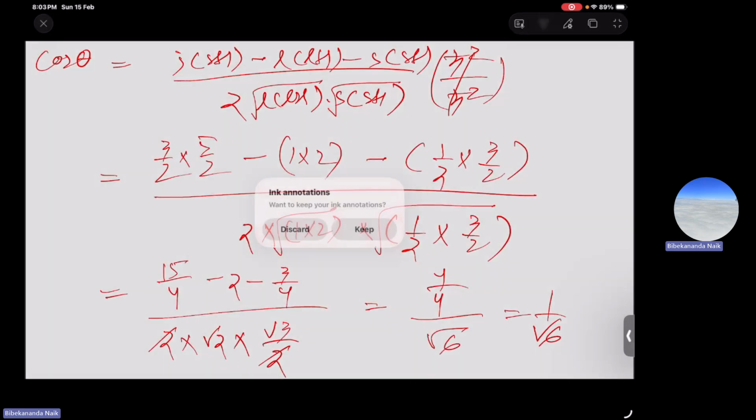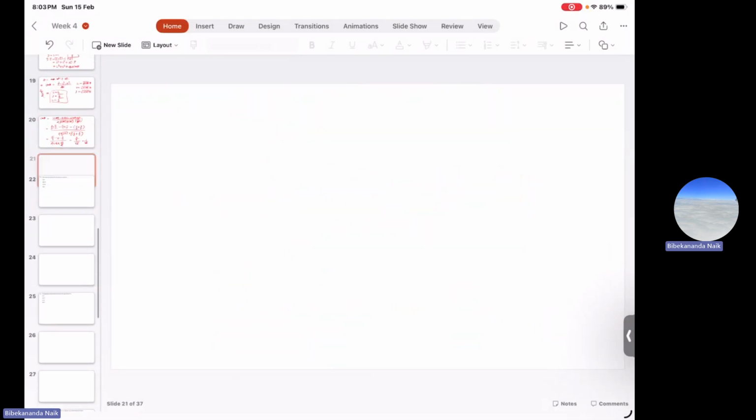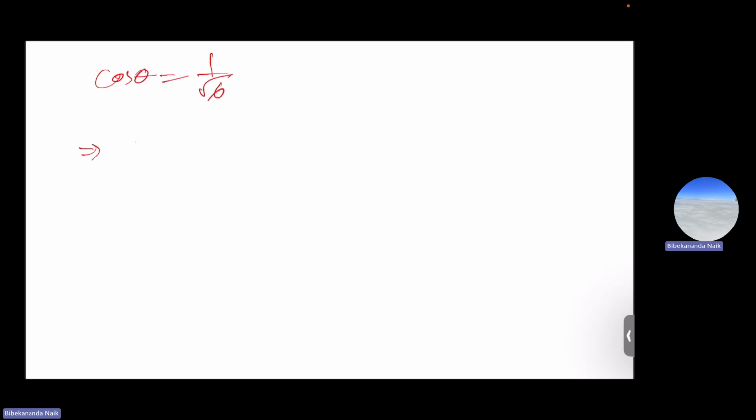So let me add another slide. So cos theta is 1 by root 6. That implies theta is cos inverse 1 by root 6, which is 65.9 degree.